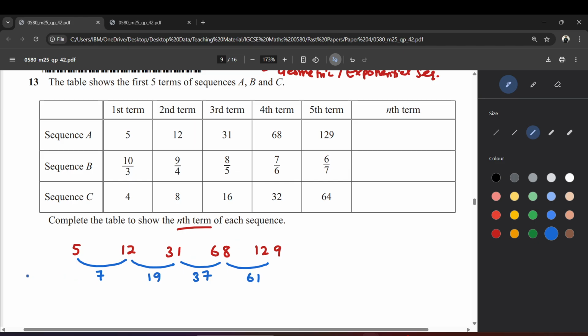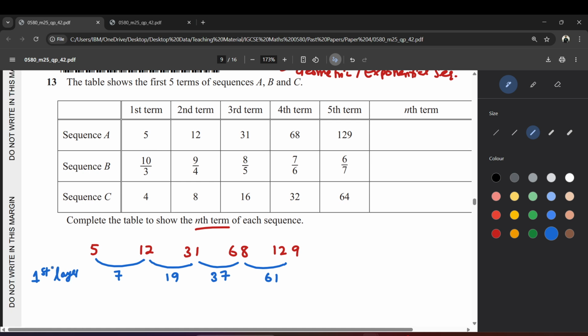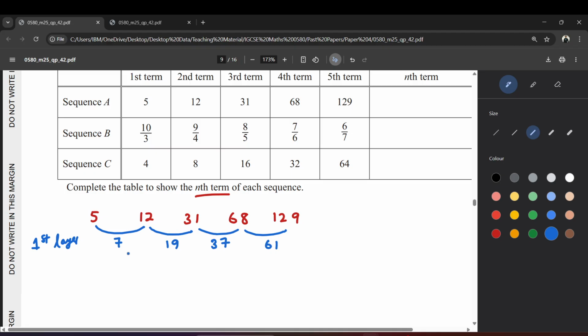This is what I call the first layer. If the first layer were constant, if we had gotten the same value each time, we would have concluded that this is a linear or arithmetic sequence.